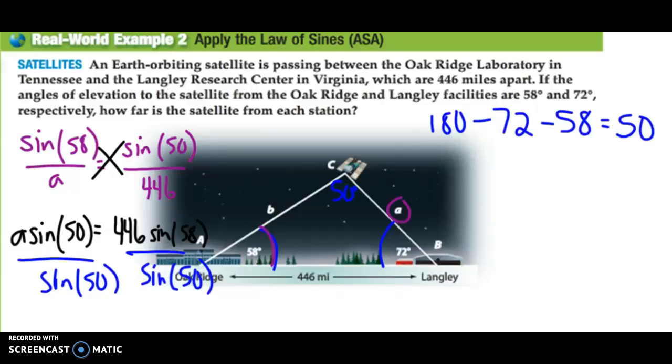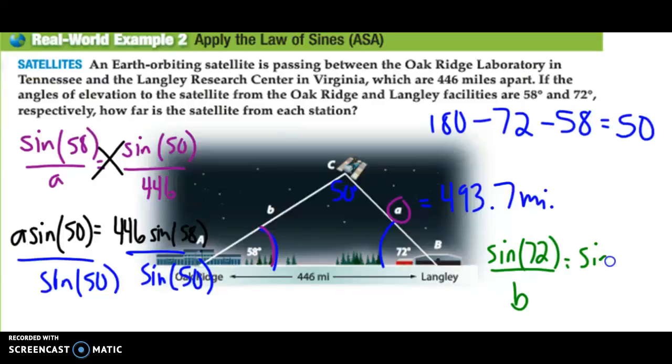And I find that A is going to be the measurement 493.7 miles. Okay? I'll do the exact same thing to find B. I'll say sine of 72 degrees over B is equal to sine of 50 degrees all over 446.